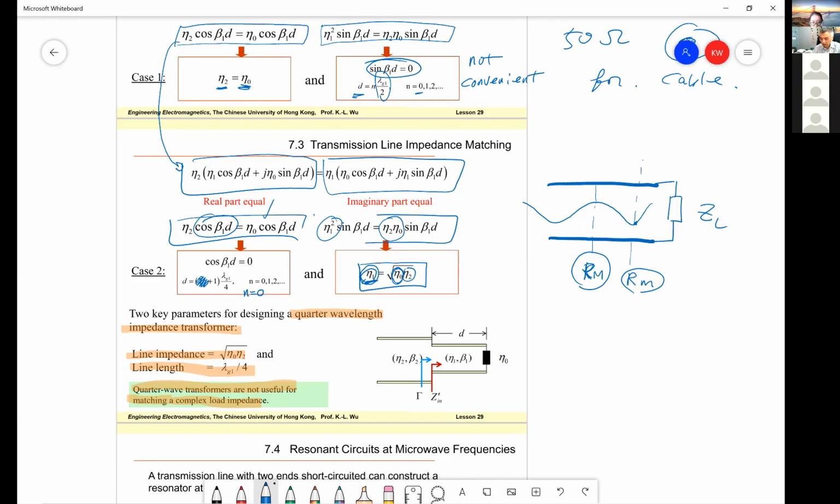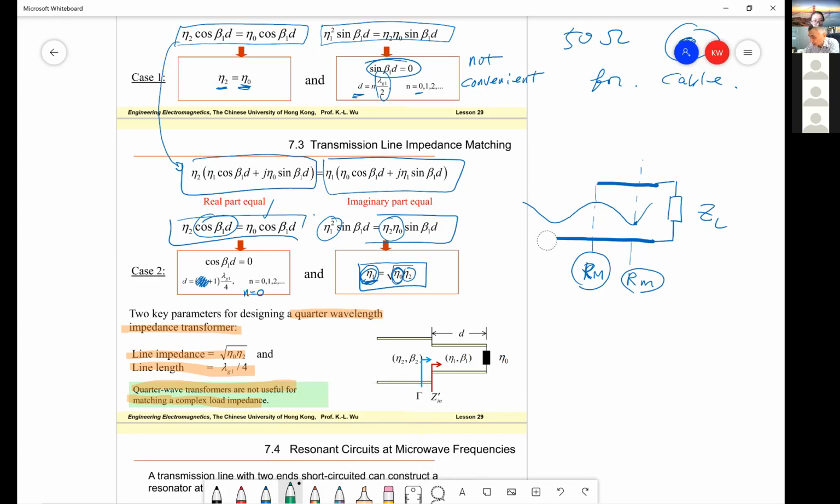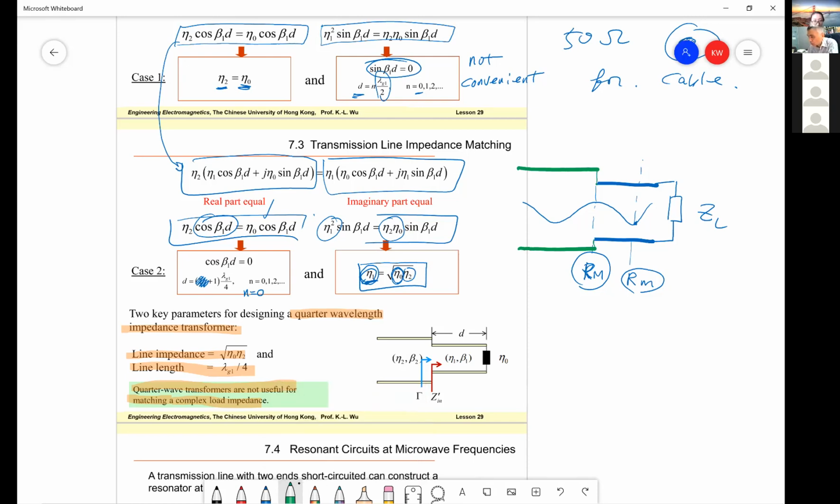Okay, so that depends on where you connect your other transmission line. Say your other transmission line you can connect to here, right? To here, right? So you need to find then this is eta 1, okay?